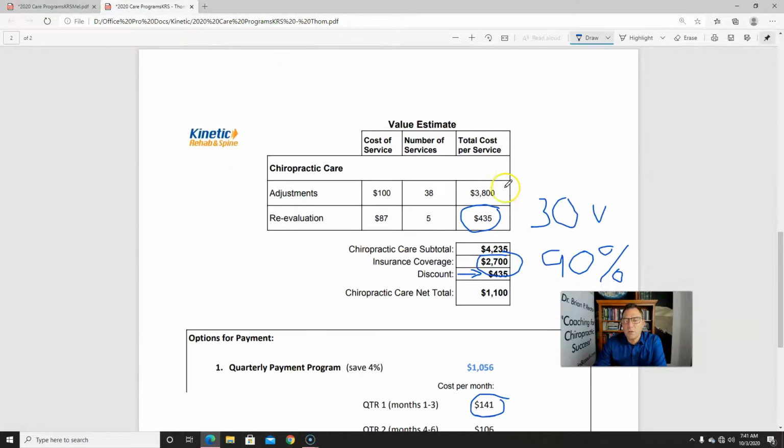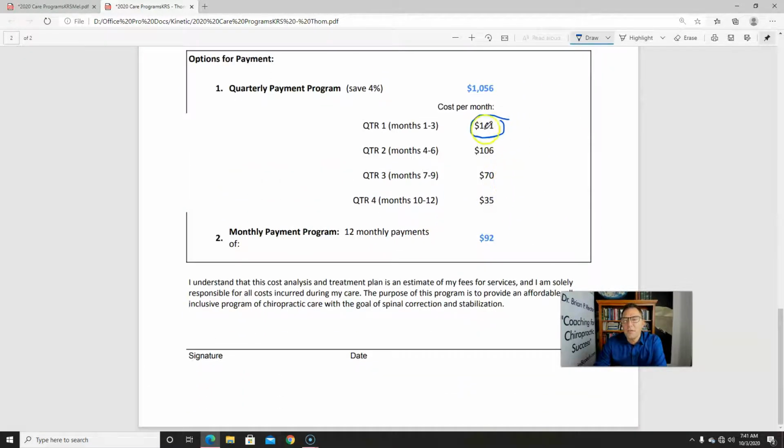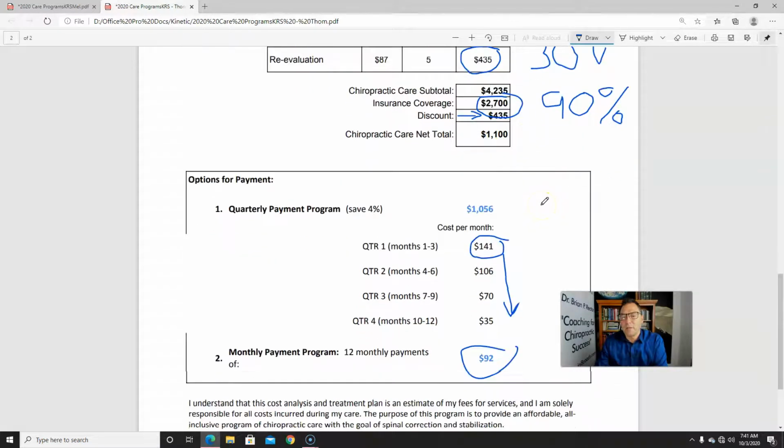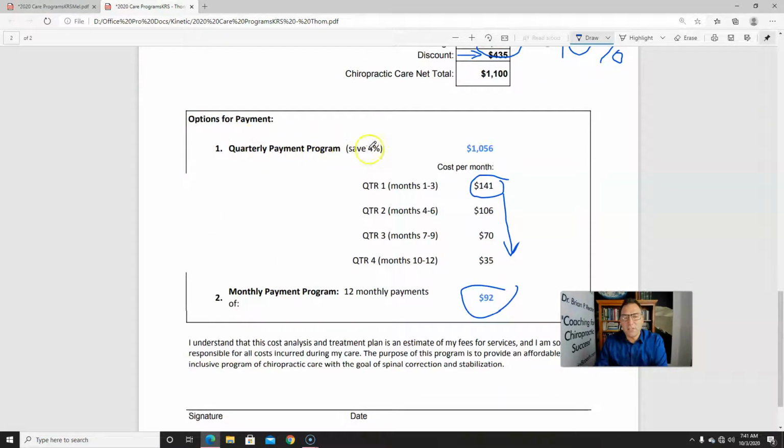So you always want to make sure they're paying for the higher frequency of care at that point. And then as you see here, it goes down in price. We give them that option. They also have option 2, which is a monthly payment program of $92, just dividing that by 12 months. We only give an additional discount when they actually pay more up front.